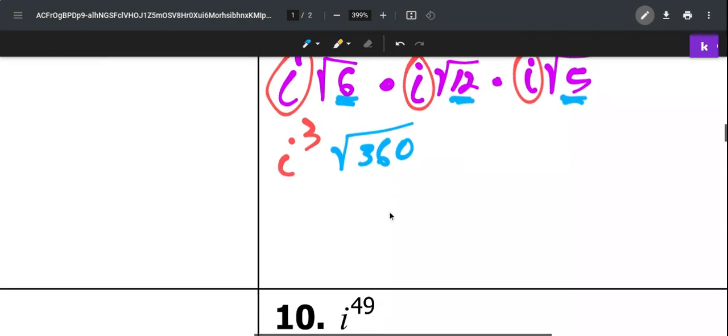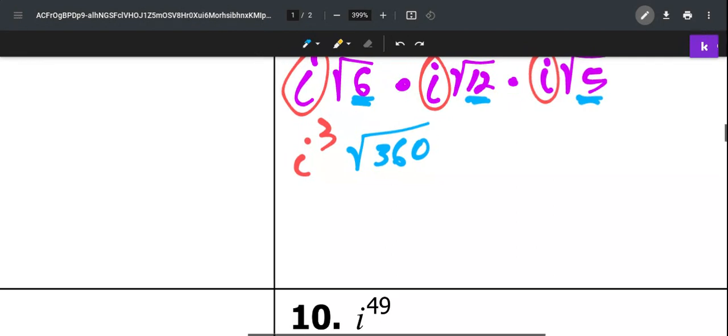So now what we're going to do is break this part down, and we're also going to break what's on the inside of the radical down as well. Now, i squared is negative 1.